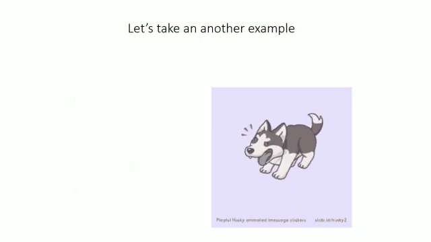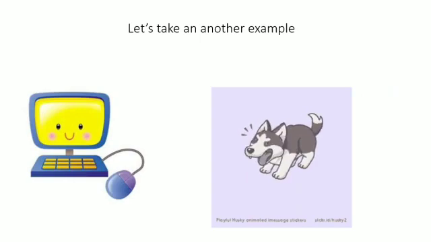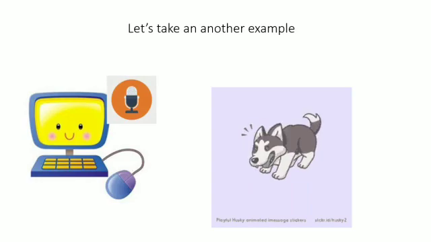But when a computer hears the sound of a barking dog, it can't react or identify anything. So it uses its sound recorder. It works like the ear of a computer.